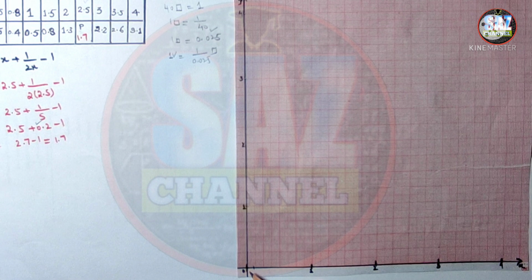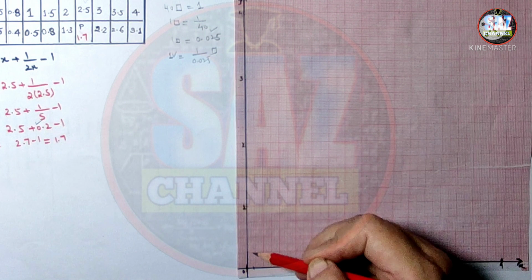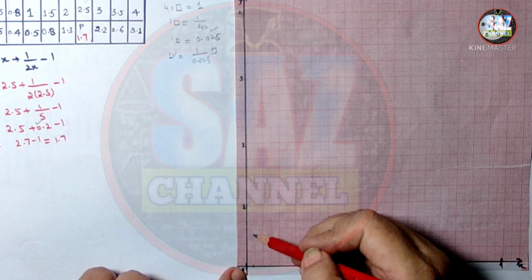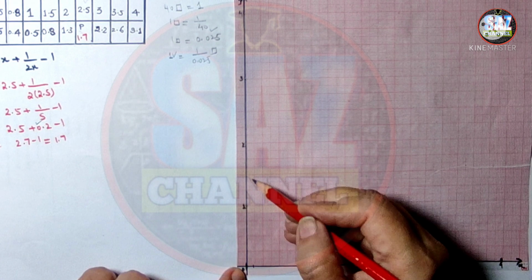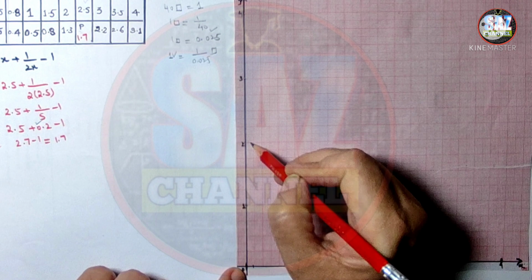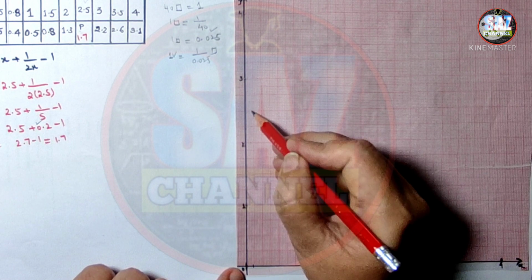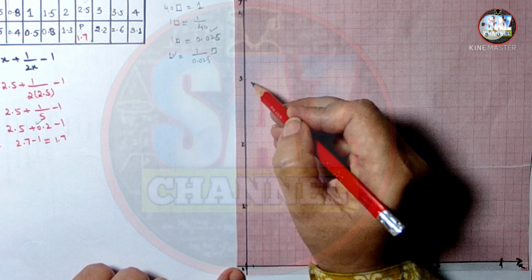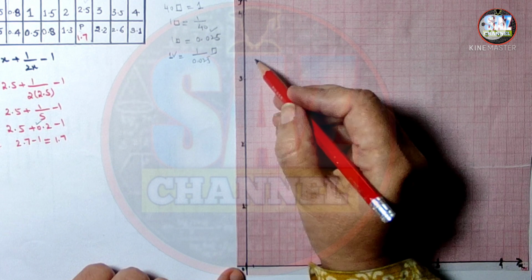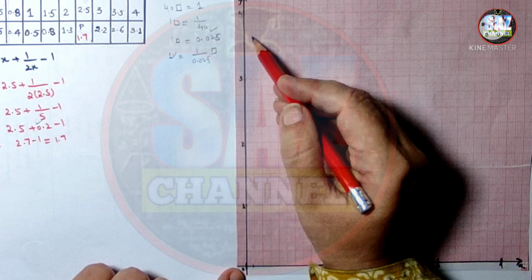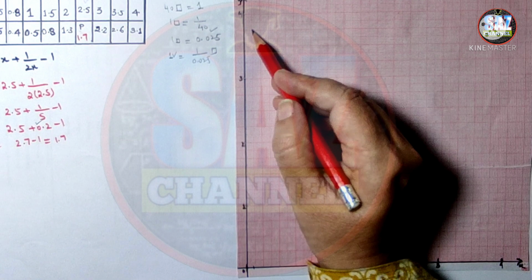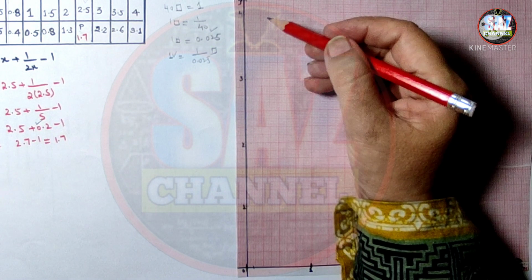This gives me 164 blocks. 164 blocks means 10, 20, 30, 40, 50, 60, 70, 80, then 90, 100, 110, 120, 130, 140 and 160, then 164 blocks.